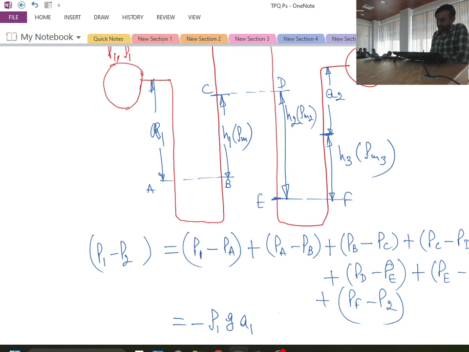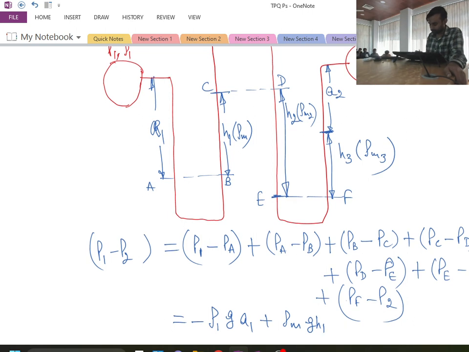What is PB minus PC? Plus rho m g h1, because PB is greater than PC. Then C and D cancel out directly. What about PD minus PE? Minus or plus? Minus rho m2 g h2. Then E and F cancel out.